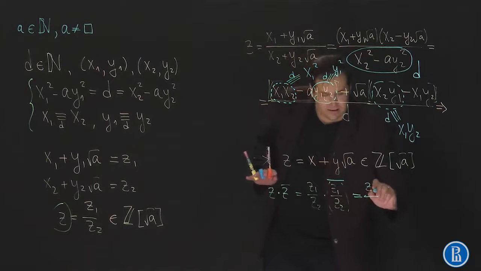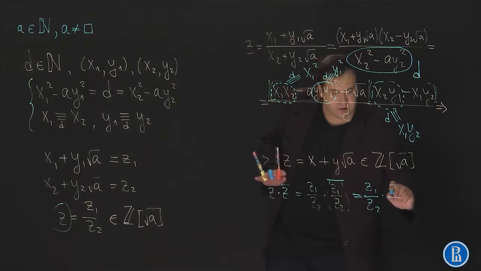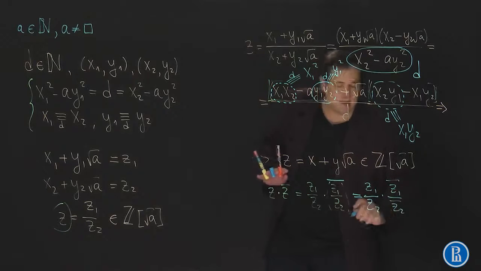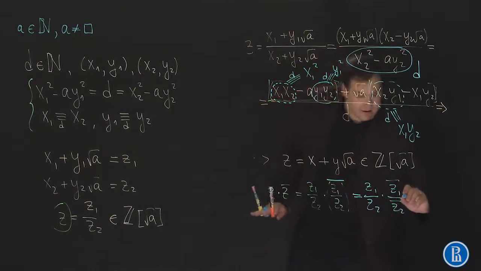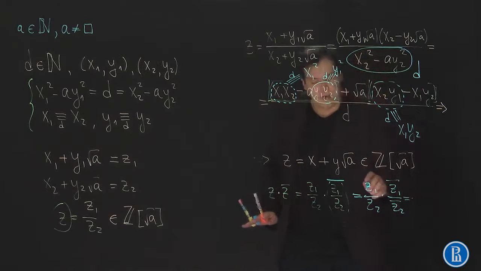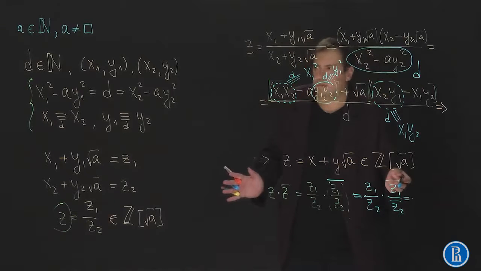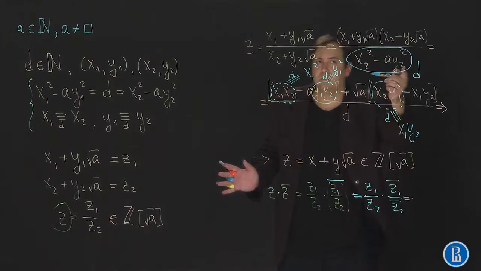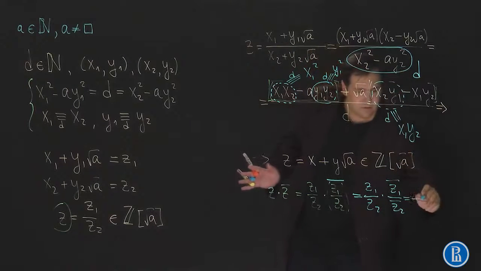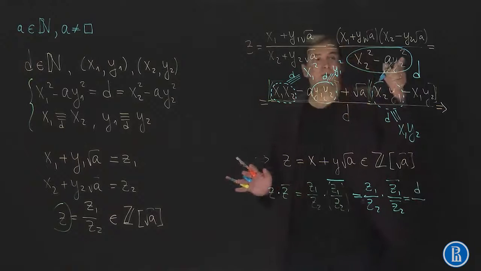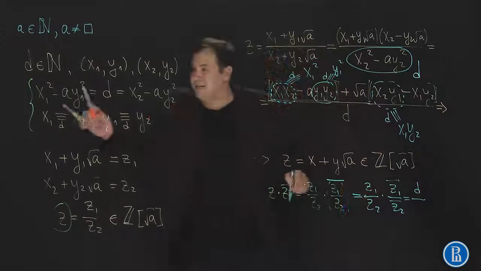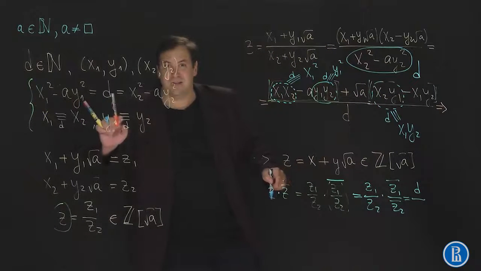We don't change the first fraction, but the second fraction, we just write z1 conjugate over z2 conjugate. And then it is equal to z1 multiplied by z1 conjugate, which is d, but not because this is d, but because this is equal to d.